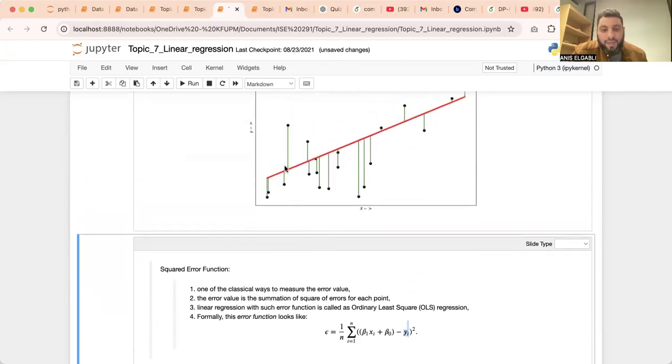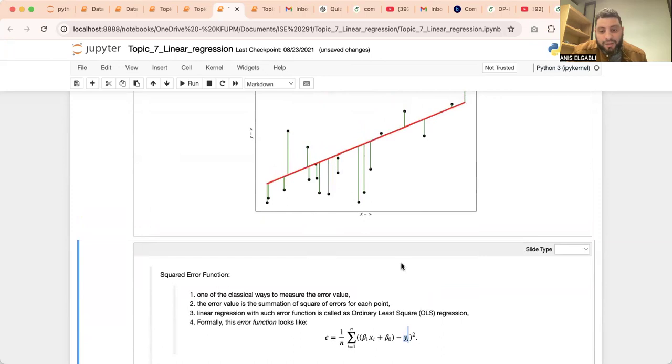Let me come back here to the figure. This is the actual y for point i here. This is the actual y, and this is the estimated y, the y projection of that point onto this line. We take that difference, square it for every point, sum over all the points, and take the average. That is the error function we want to minimize.